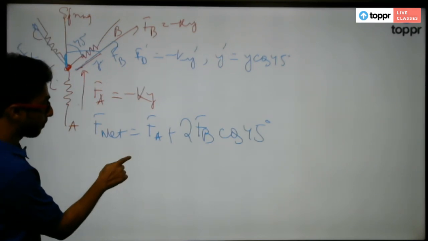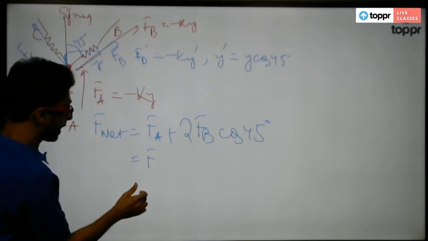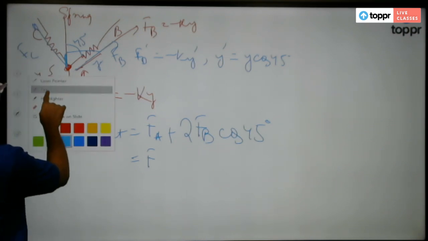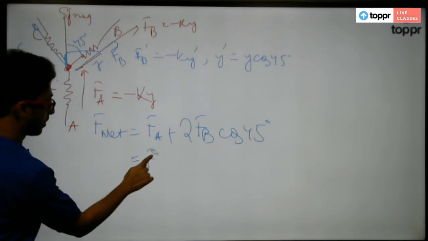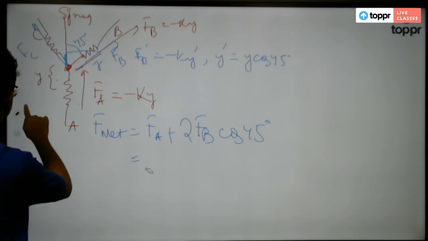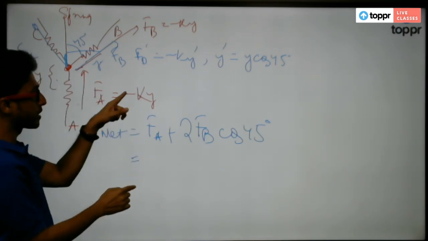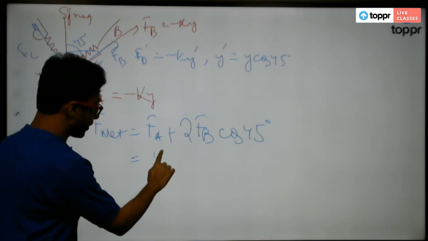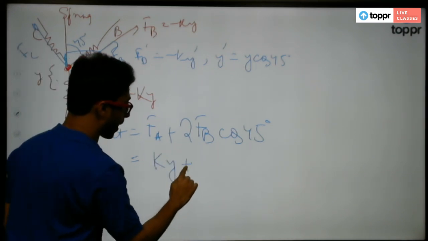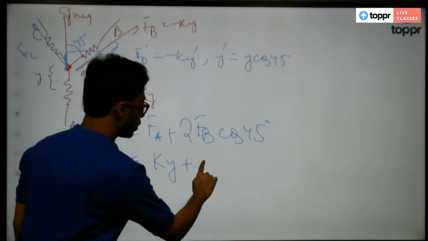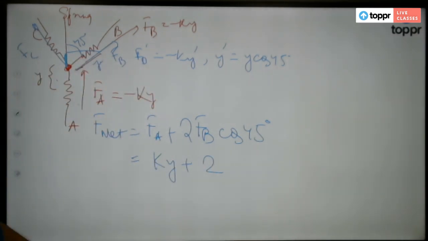The FA itself, if we just ignore this sign, is ky plus 2 FB cos 45.